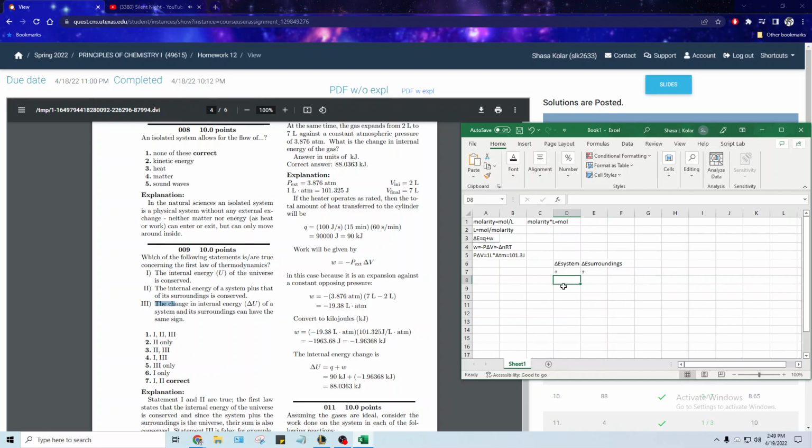So what it's saying is that the change in energy of the system plus its surroundings can both be positive or they can both be negative, right? But this is wrong. Change in energy U can be positive, or that change in energy U can be negative.